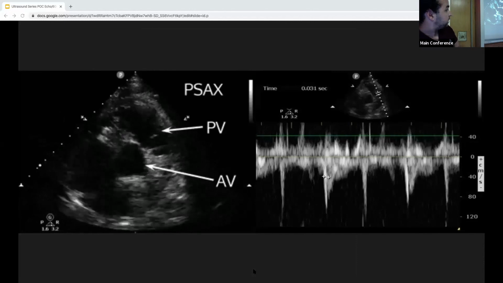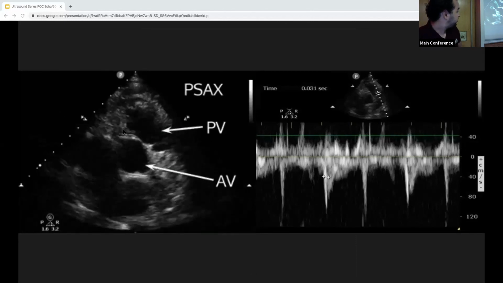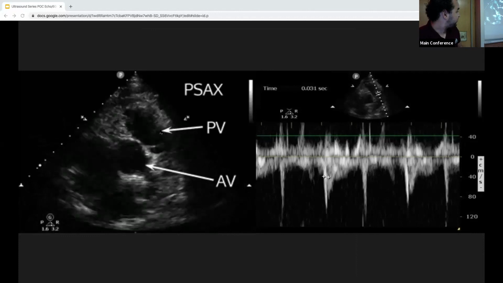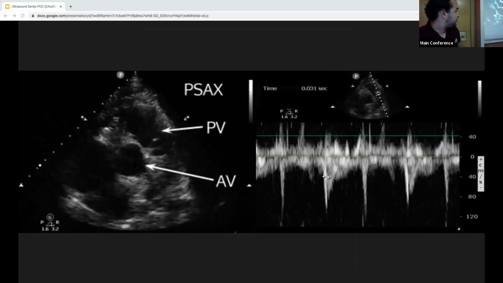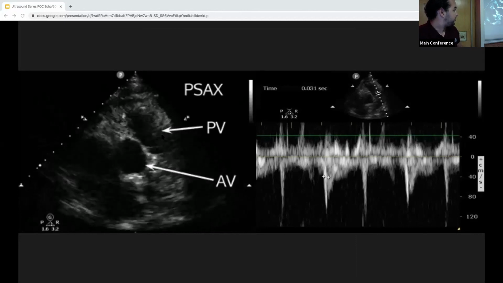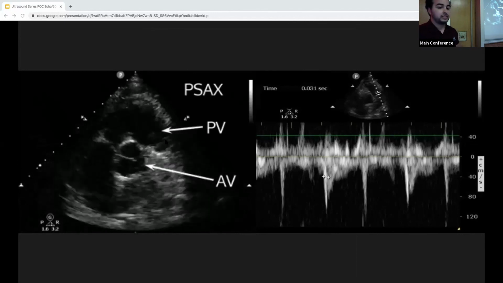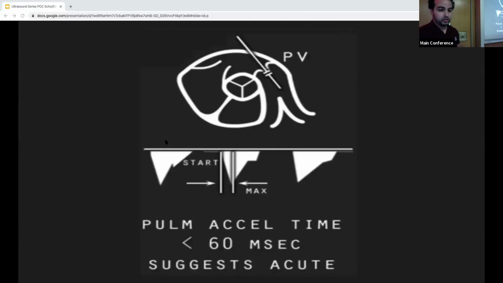Your tricuspid valve will be to the top left of the screen here, flickering over here, and then your pulmonic valve is right here, and your aortic valve will be in the middle. When you find this view, you're looking for your pulmonic valve. You just want to place your pulse wave Doppler, so it looks more like this with the 2 parallel bars, and it's not the diamond-shaped one like the continuous wave Doppler was.